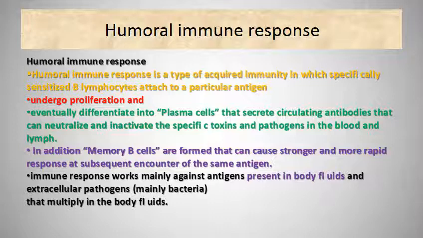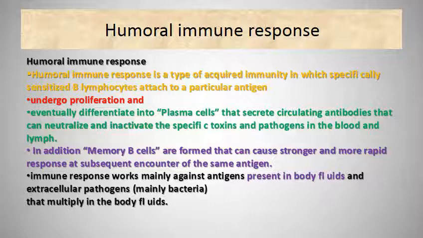Now, humoral immune response, or antibody mediated immune response, as it is called, is one in which specifically sensitized B lymphocytes attach to the antigen, undergo proliferation and differentiate into plasma cells. Okay, plasma cells are the effector form of these B cells.